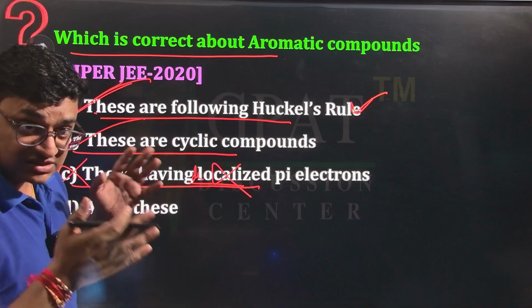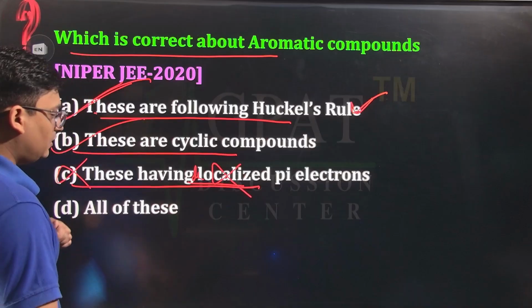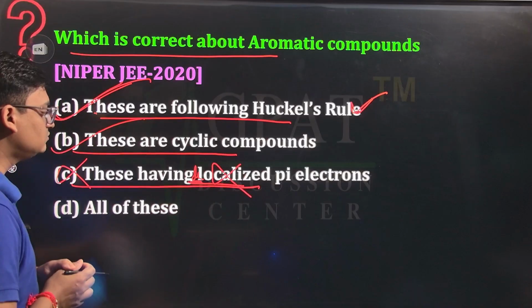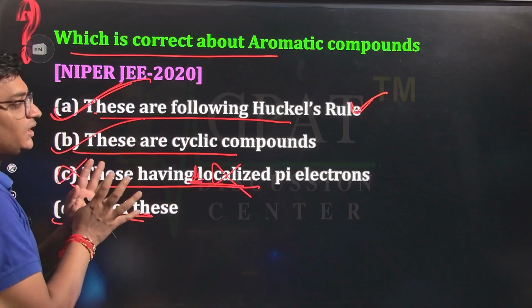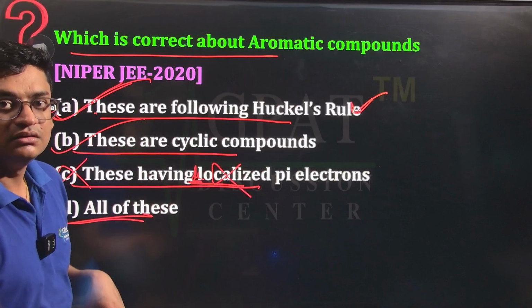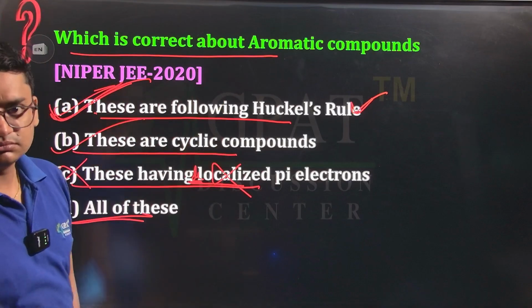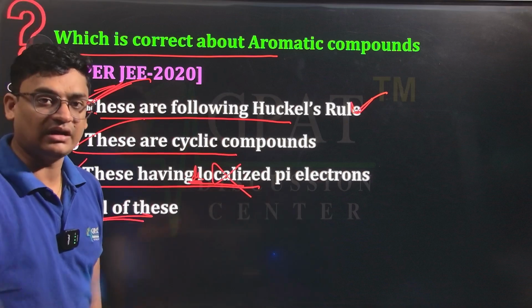If there is a mistake in this question by NIPER, like they have forgotten to write delocalized, then okay, this will be the right answer. But by my presence of mind, I suggest the answer that will be 100% true: Hückel's rule is actually the condition for a compound to express its aromatic character.